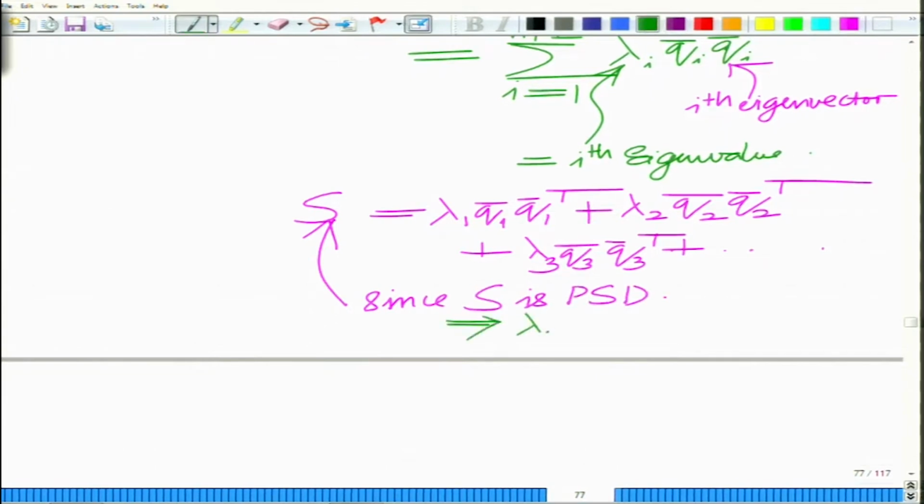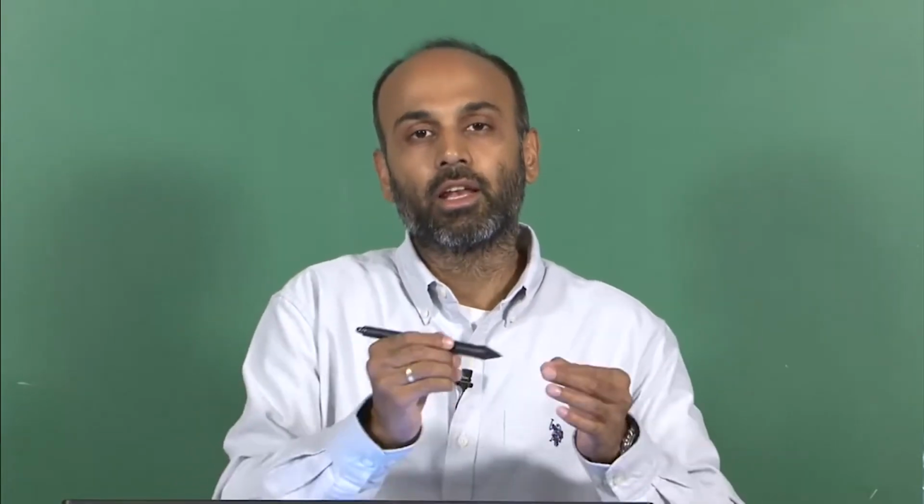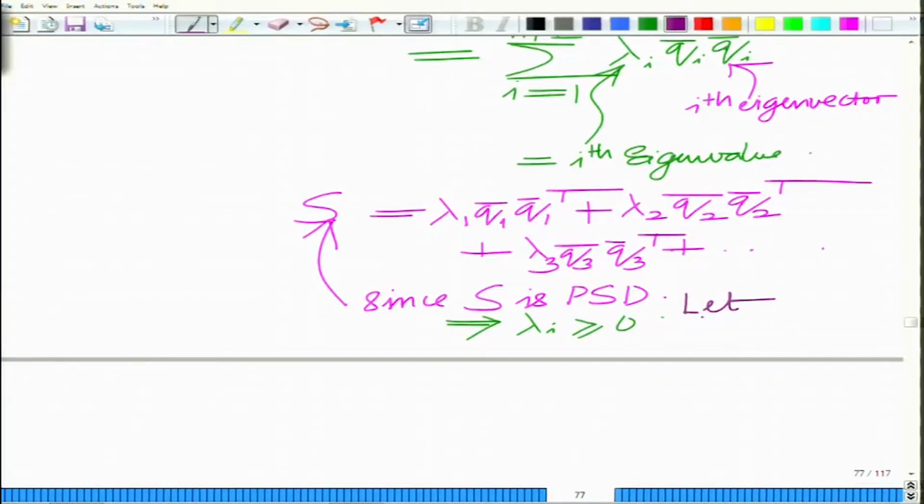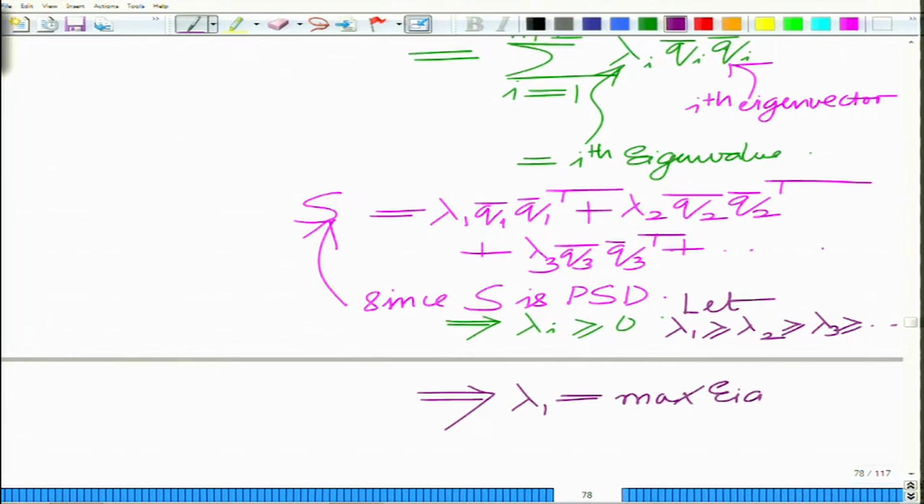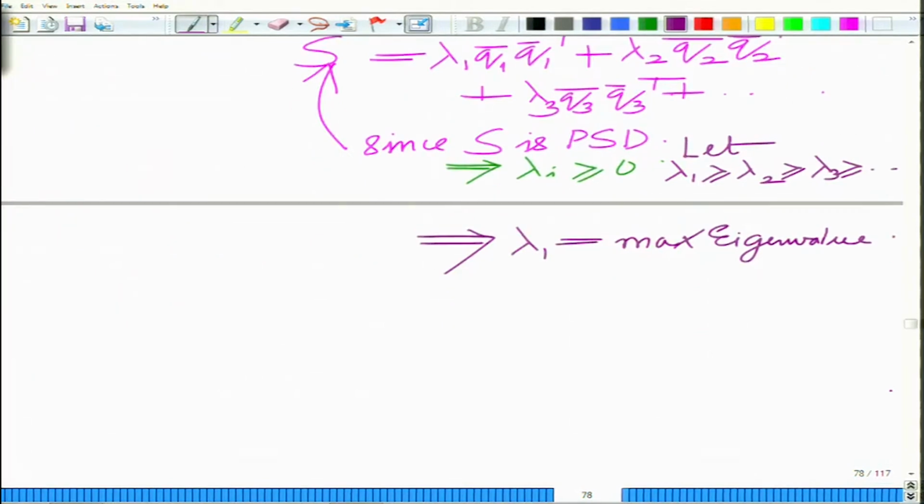These are real quantities, so I can always arrange them in decreasing order: lambda 1 greater than or equal to lambda 2 greater than or equal to lambda 3 and so on. So lambda 1 equals the maximum eigenvalue.